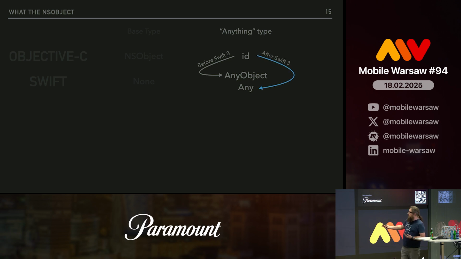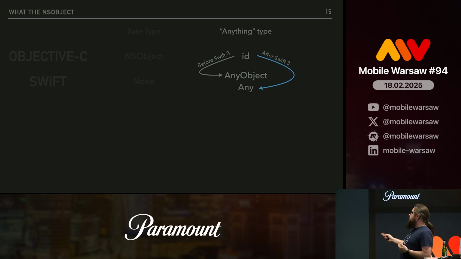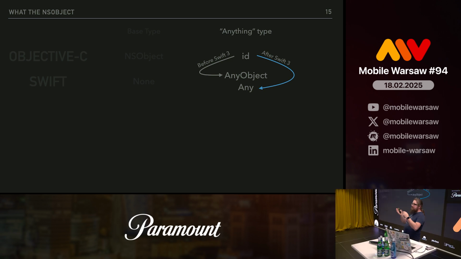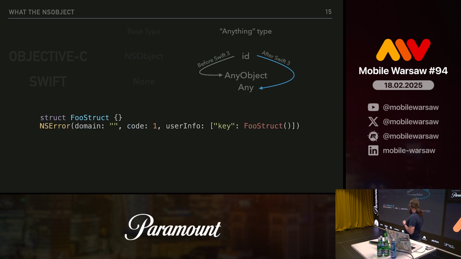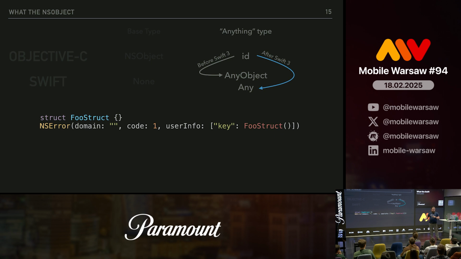After Swift 3, they changed this so that id types are represented as Any. And the reason for this is actually not Objective-C to Swift interop, but Swift to Objective-C interoperability, because this is what allows us to pass our Swift structs as arguments in Objective-C APIs that otherwise expected id objects.